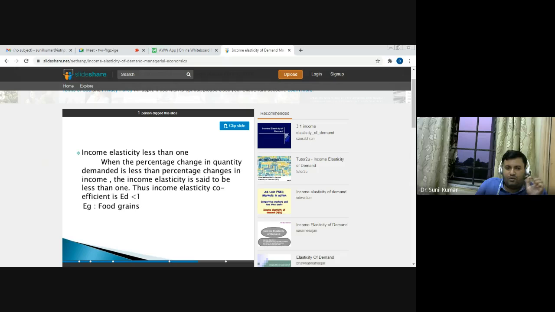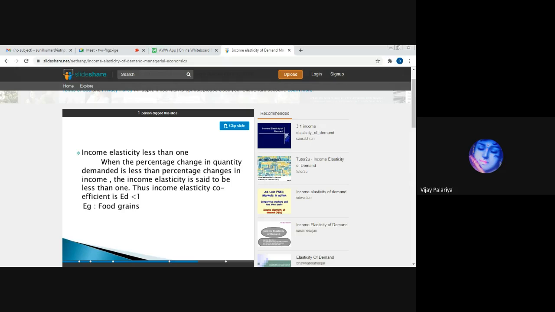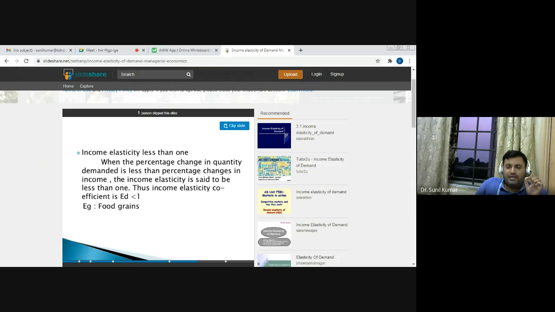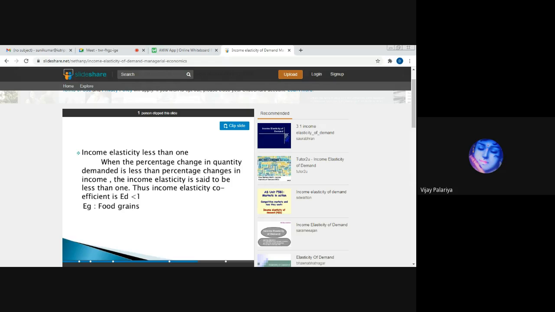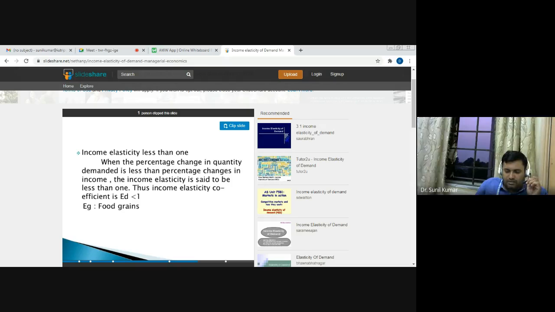You may write the heading low income elasticity, or income elasticity is less than unit. Less than unit means less than one. EY is less than 1.